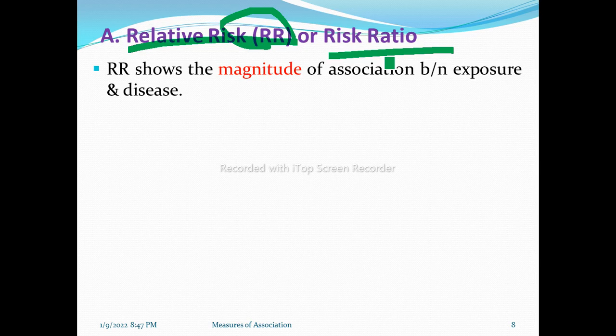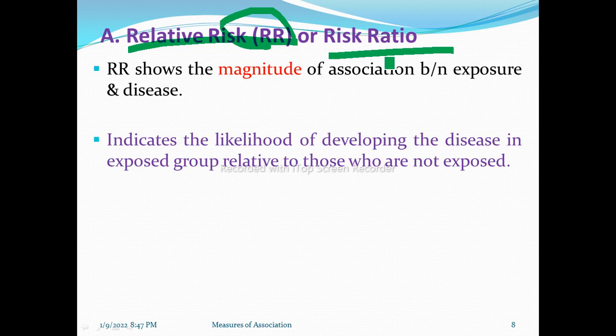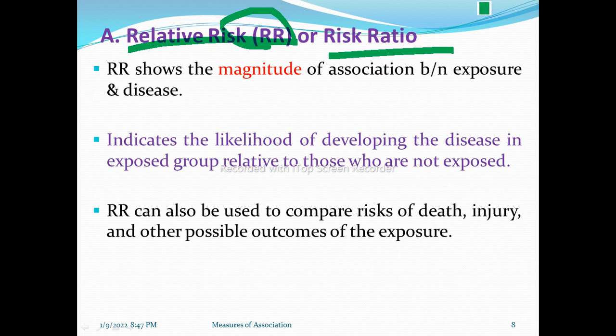By what amount is the association present between exposure and disease? It shows the burden or the magnitude of an association between exposure and disease. It indicates the likelihood of developing the disease in an exposed group relative to those who are not exposed.